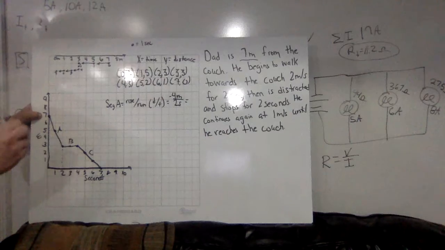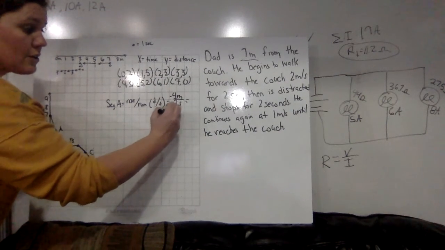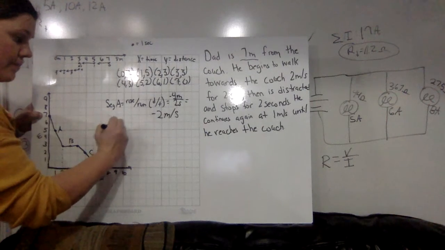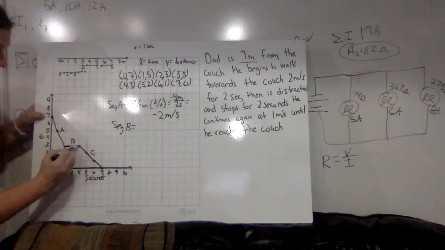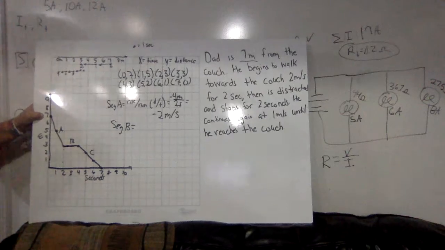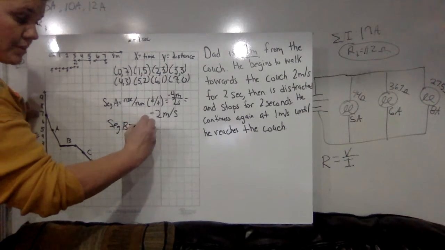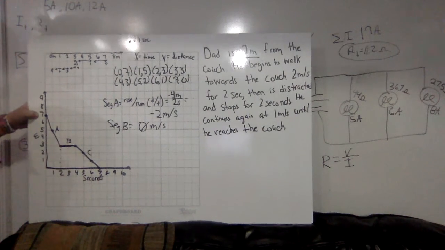So negative 4 divided by 2 gives me a velocity of negative 2 meters per second. Segment B, when we have this flat horizontal line, we know that is a 0 slope, which also tells us we're not moving, but time is passing. So that gives us a velocity of 0 meters per second.